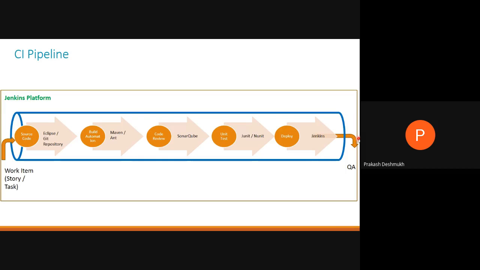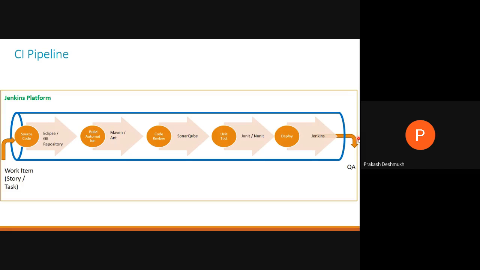You start with a work item, story or task assigned to the developer, and then he will check out the code from the Git repository and modify that code in Eclipse. So you have traceability with the work item, story, or task which you are working upon.